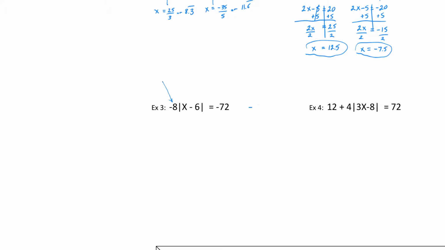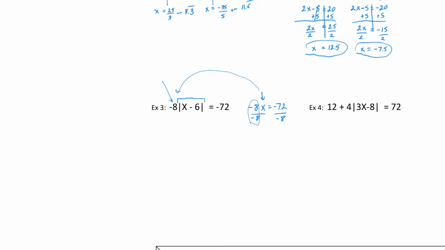If I gave you negative 8x equals negative 72, and I said solve for x, all of you guys would say there is no junk, just divide by negative 8. So I want you to remember what you just did over here, and we're going to bring it back to this. Remember, we're trying to solve or get the absolute values alone.